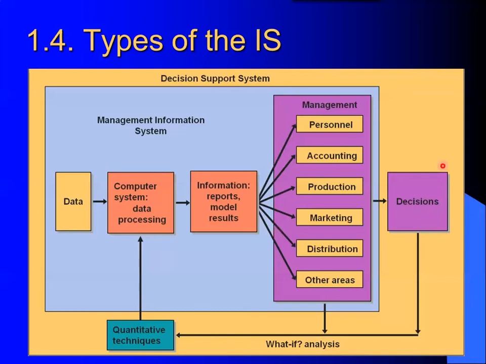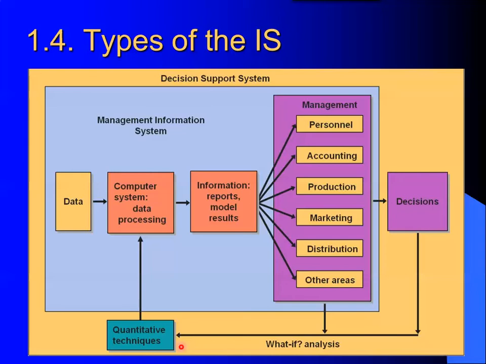But decision support systems must include components which allow making assumptions, providing recommendations for decisions, and even performing what-if analysis of the effectiveness of the organization, using different quantitative techniques.